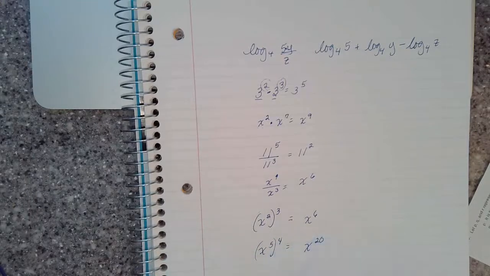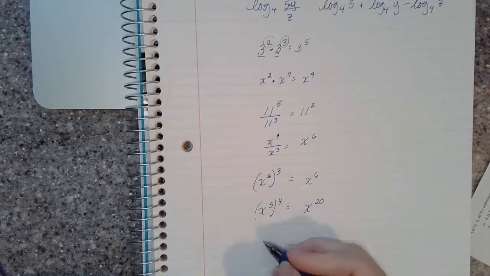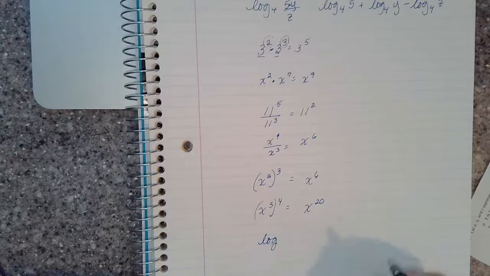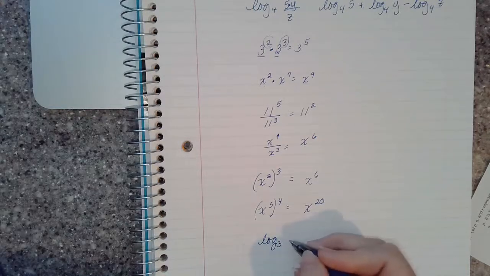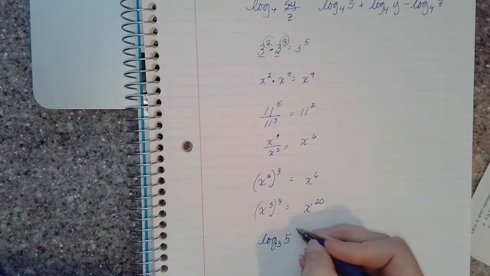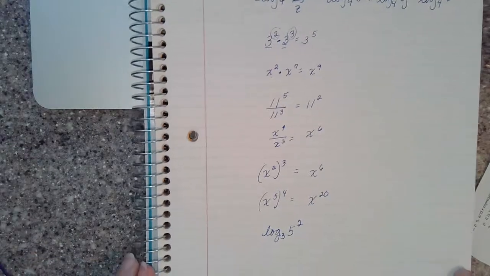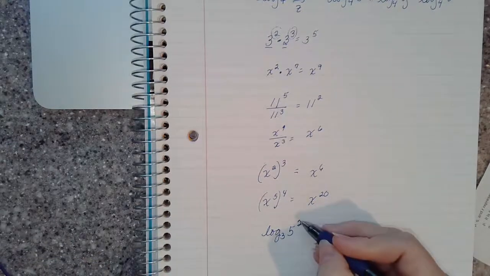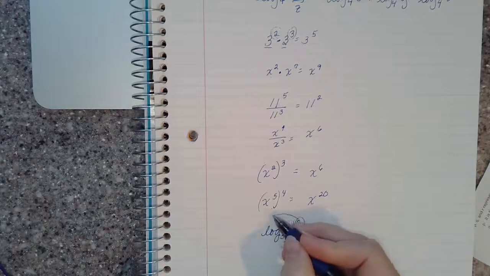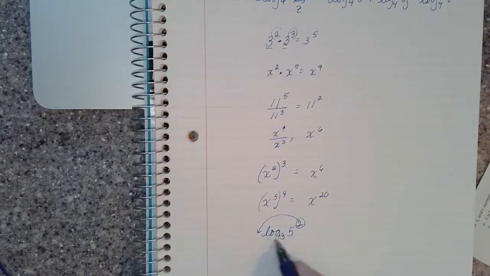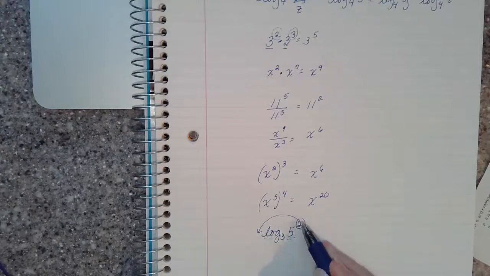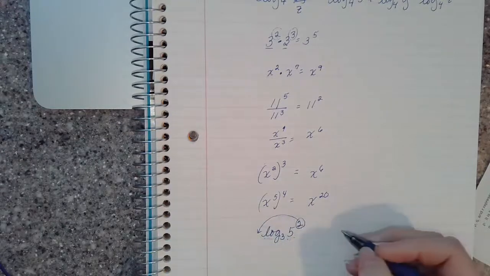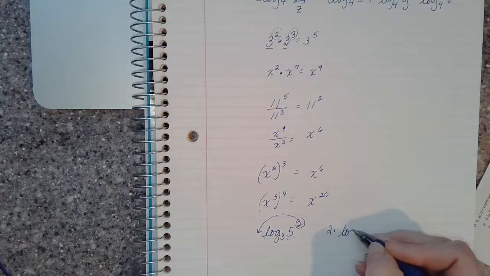So if I'm doing log base 3 of 5 to the 2nd, let's say, I could expand that. This exponent is a multiplier. A log is an exponent. The answer to the log is an exponent. So that's an exponent to an exponent, so that exponent comes down as a multiplier. It would be 2 times log base 3 of 5.